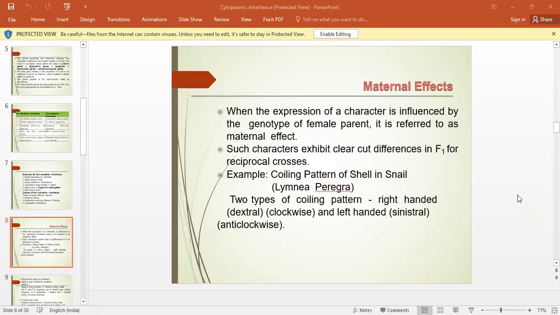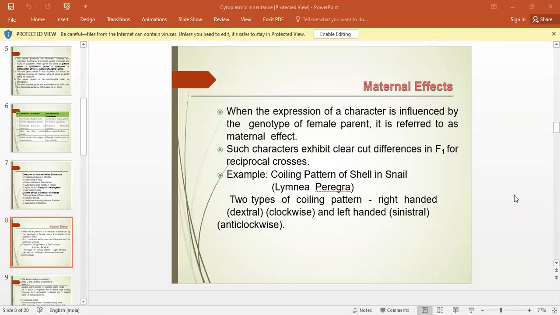Dextral means right-handed coiling, clockwise, and sinistral means left-handed coiling pattern. Understood? If you take a spring, the spring is a coil, one turn after another. So that is the coiling pattern of the shell. The snail's upper shell has a particular coiling pattern. One coils towards the right-handed side, and that is called dextral. And one coiling pattern coils towards the left-handed side, and that is called sinistral. So basically remember there are two types of coiling pattern, dextral and sinistral.